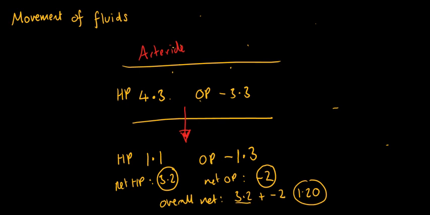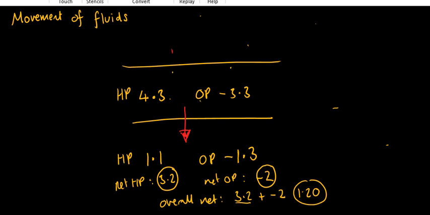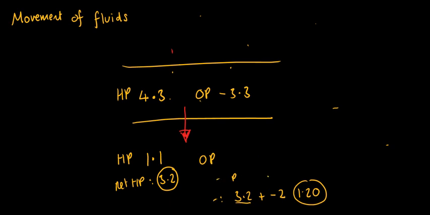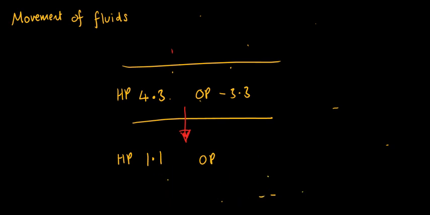Okay, so let's have a look at another one. Let's change these numbers. Let's say that we have a hydrostatic pressure of 1.6, and a hydrostatic pressure of 1.1 in the tissue.